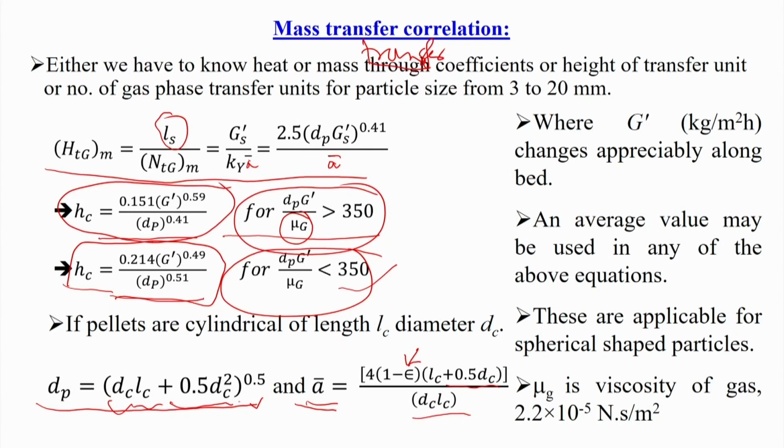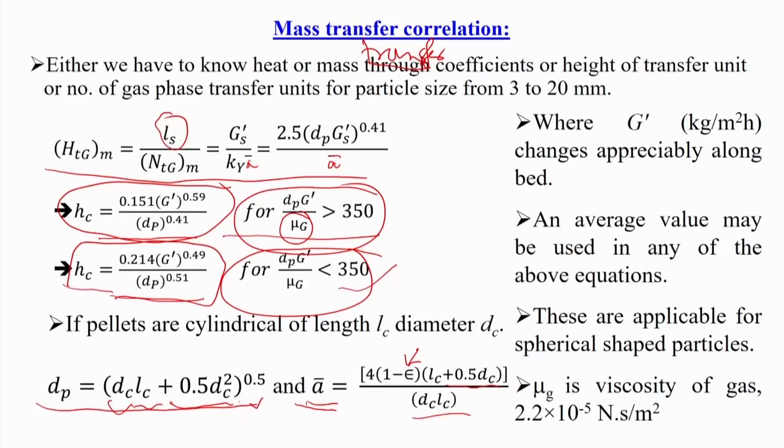Here G prime is in kg per meter square hour, and it changes appreciably along the bed, so an average value may be used in any of the above equations.